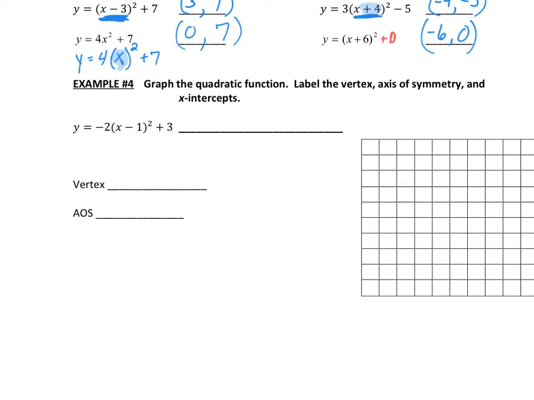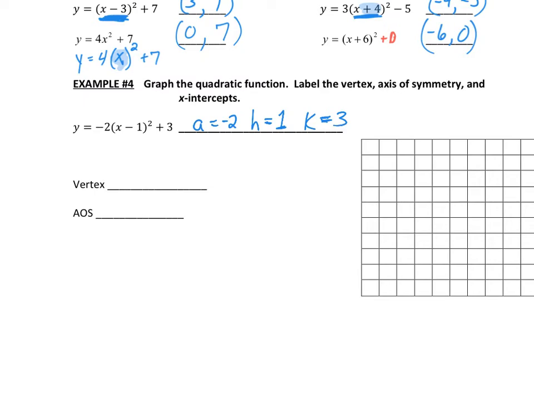Below here it says, graph the quadratic function, label the vertex, the axis of symmetry and the x-intercepts. If we were to graph this one, let's find out what a, h, and k are. A is negative 2, h is positive 1, and k is positive 3.